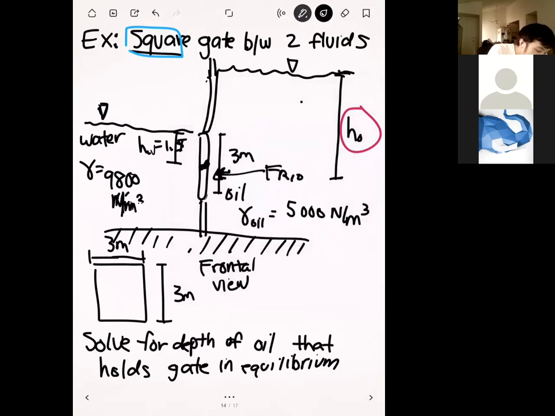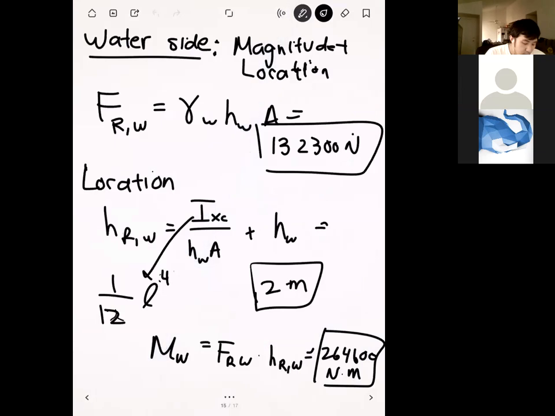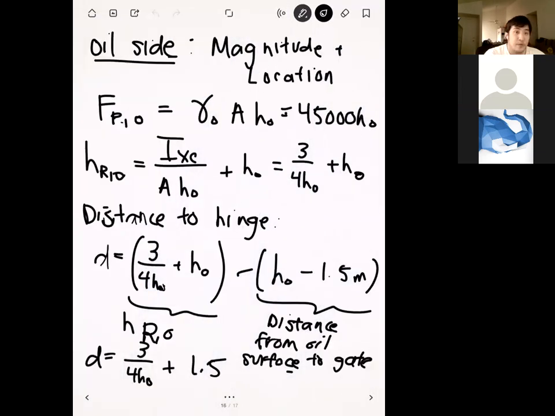And then the other thing that we know is the distance from the surface of the water to the hinge itself. The distance to the hinge is just the difference between these two, which is what this is right here. The main thing is we want to compute the distance between the resultant pressure force and the place the gate's going to rotate from, which is the hinge of the gate.